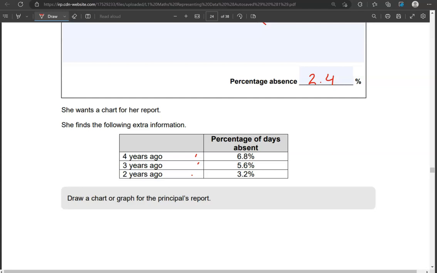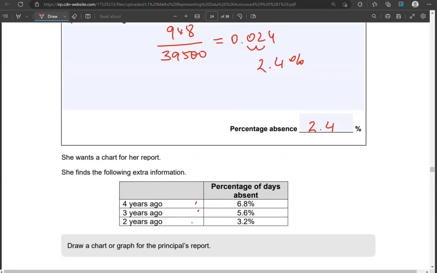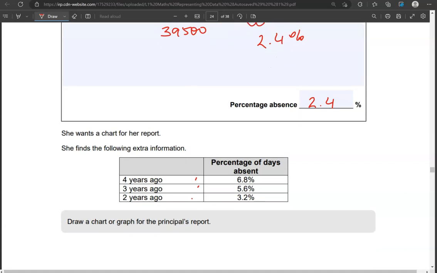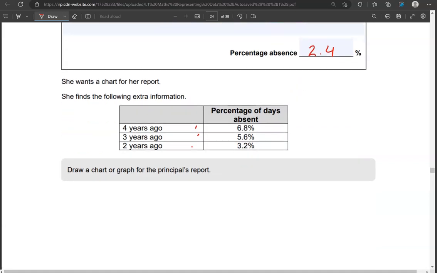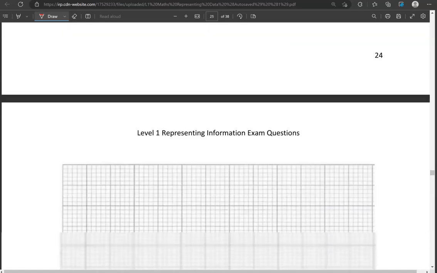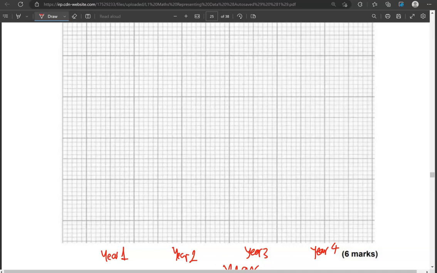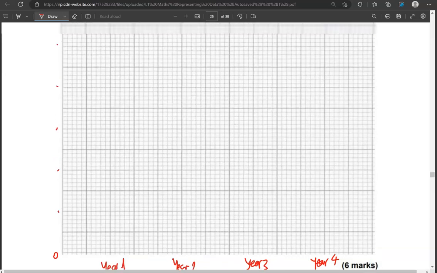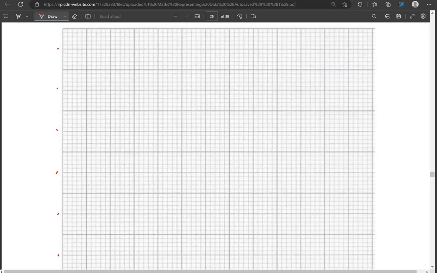So what is the highest percentage? That was 4 years ago, 6.8%. So starting with 0, we could do 1, 2, 3, 4, 5, 6.5.